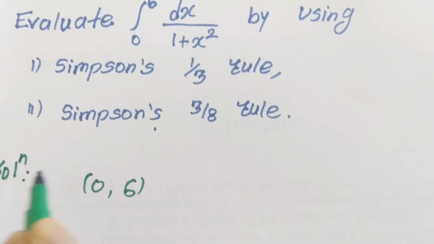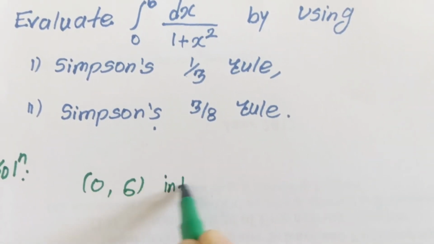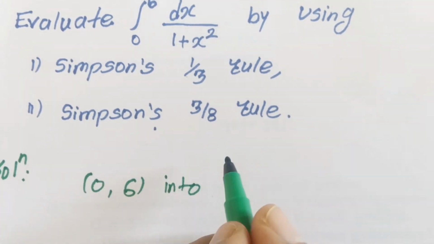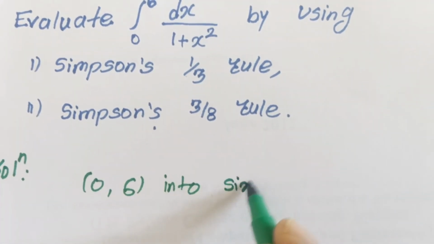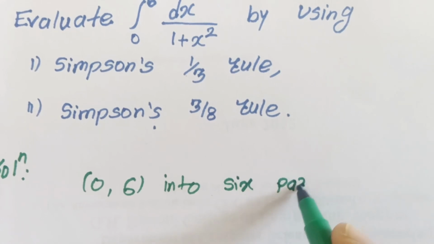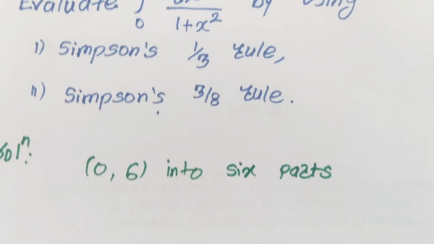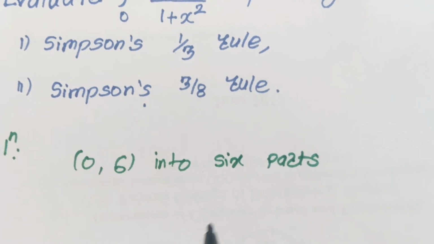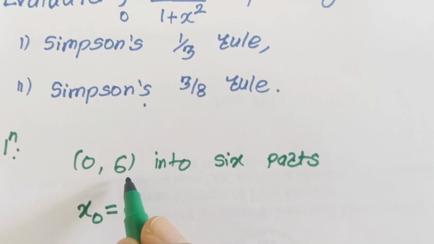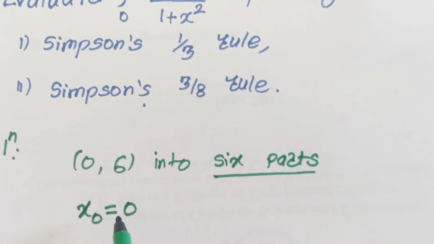Now suppose we divide this interval 0 to 6 into 6 parts. Since it starts from 0, our starting value x0 is 0, and x0 plus nh is 6. We have to divide into 6 parts, that means we take increments of h.